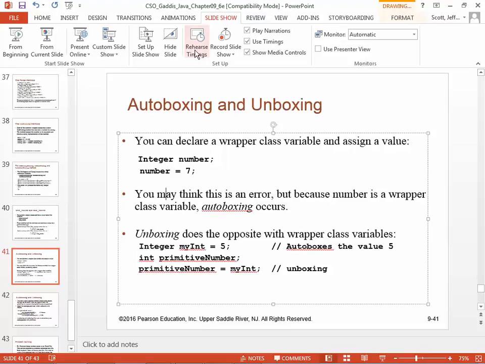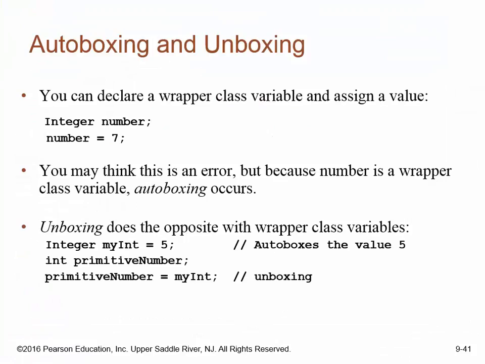But because the number is a wrapper class, it does what's called autoboxing. So it boxes that up, and even though this is not a simple data type, it treats it as though it is one. When you go the other way, you do what's called unboxing.